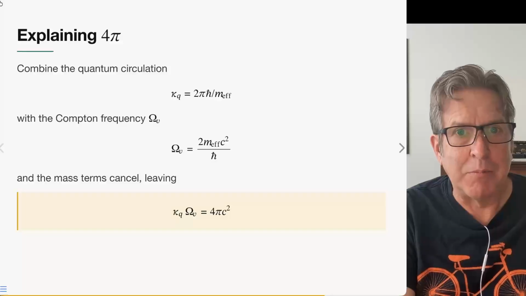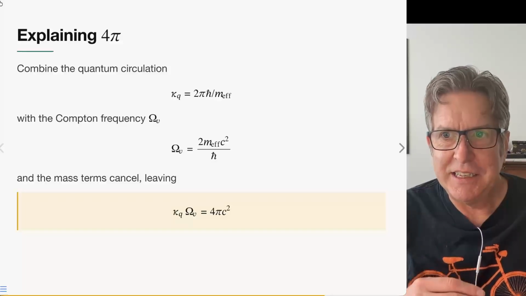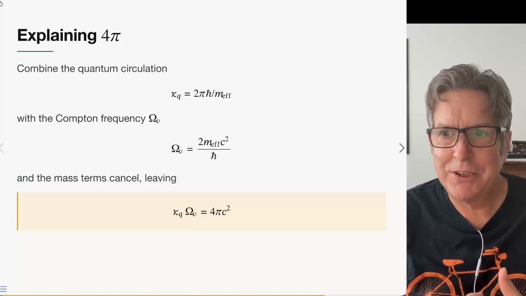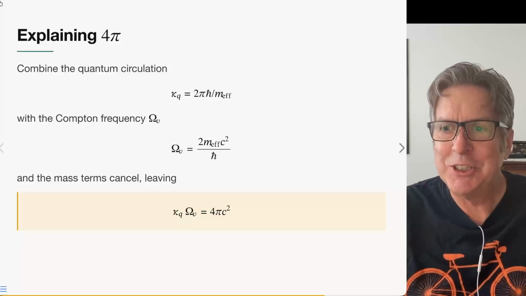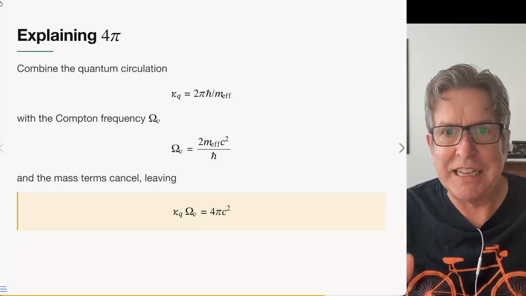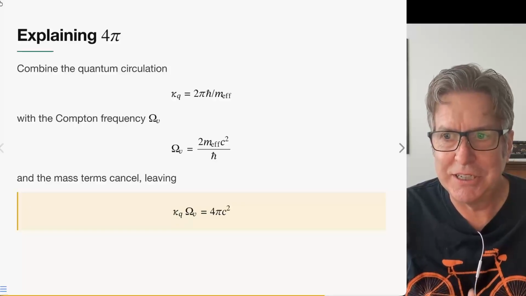And by combining the quantum circulation with the quantum frequency, the mass term drops out, and it shows that same 4 pi term used with the speed of light squared as this kind of energy shape for the substrate. And that's the same 4 pi in the cell occupancy that we're also going to use in gravity.